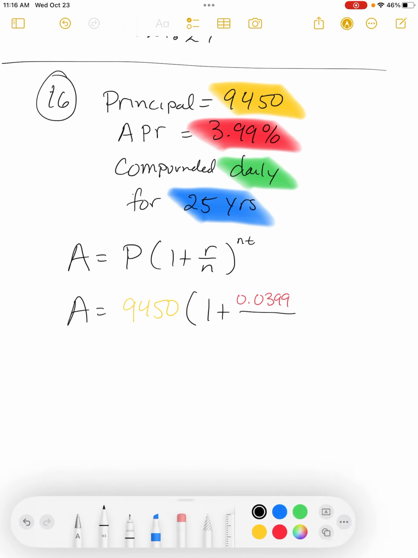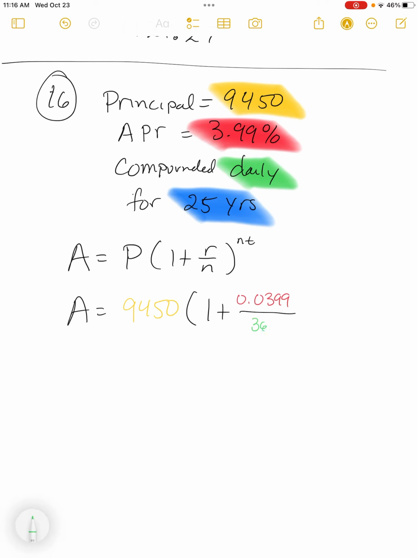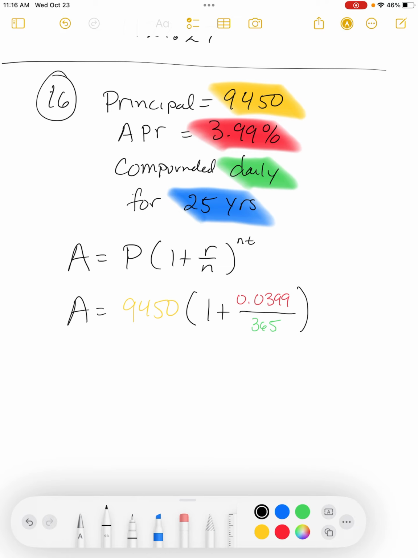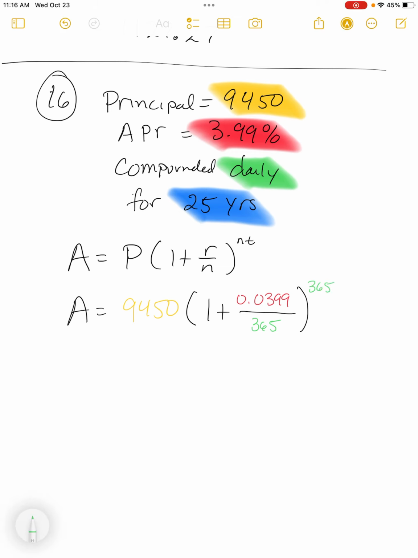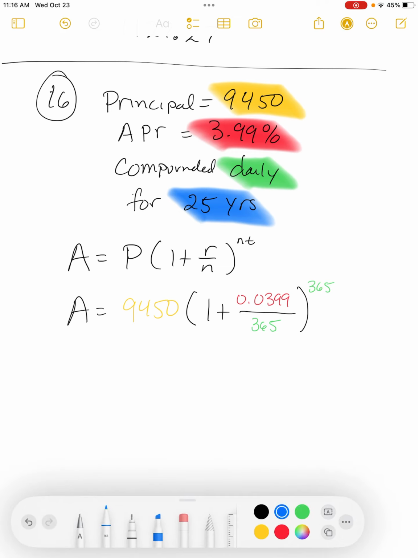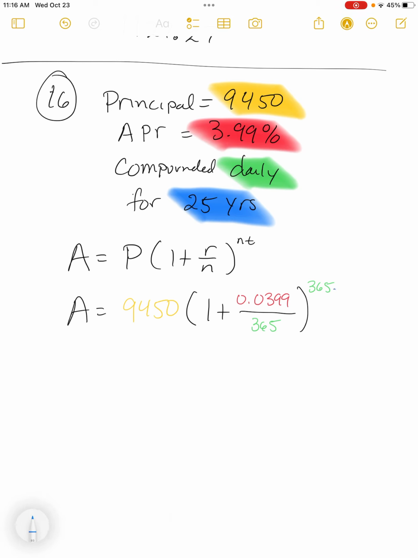And then I need to know N. For daily, that is 365 times a year. I'm trying to be good here, so that's the same 365, and that's multiplied by 25. So there it is, all color-coded, if that helps.